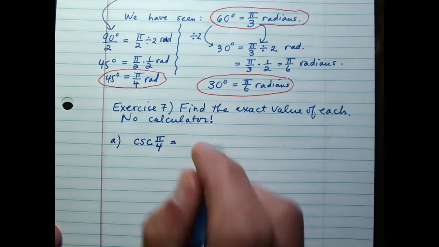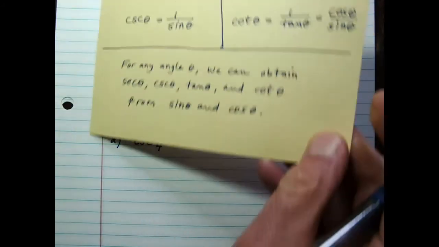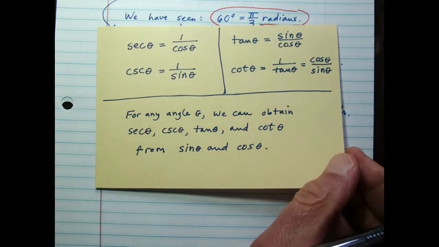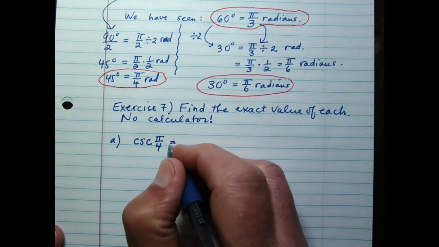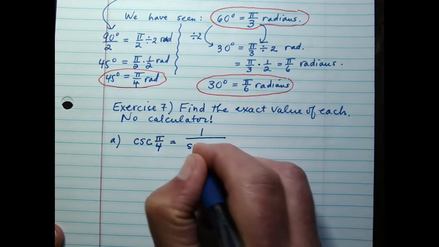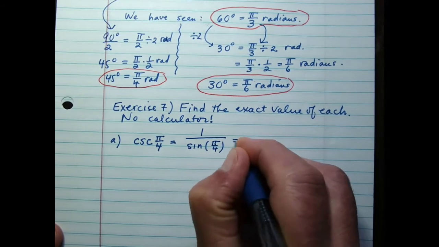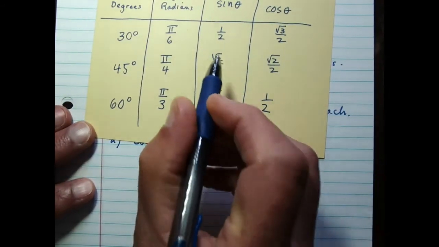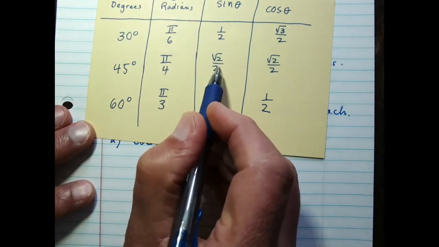But we have another yellow card, where we know that we can describe all the trig functions in terms of sine and cosine, right? So we know cosecant is 1 over the sine of pi over 4. And the sine of pi over 4 is the same as the sine of 45 degrees. That's square root of 2 over 2.